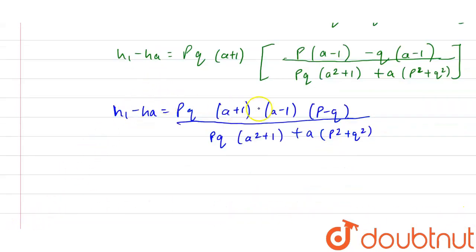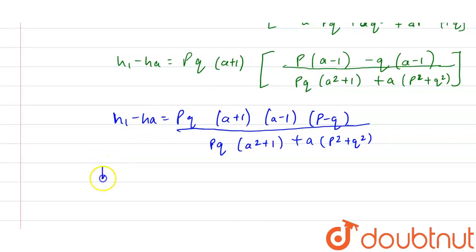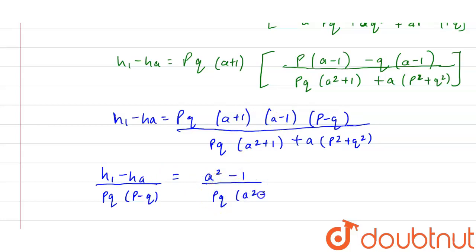If we take this pq and p minus q below the h1 minus ha, we get h1 minus ha divided by pq into p minus q. This is a plus 1 multiplied by a minus 1, a plus b multiplied by a minus b, that is a square minus b square, so this will become a square minus 1, divided by pq multiplied by a square plus 1 plus a multiplied by p square plus q square.